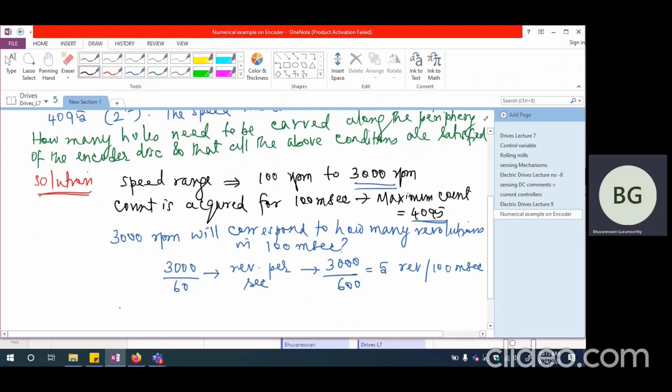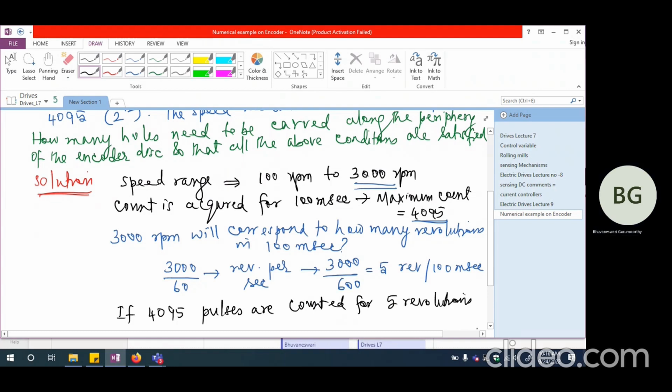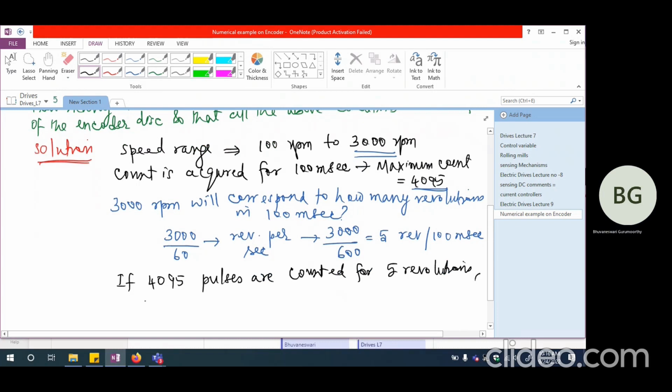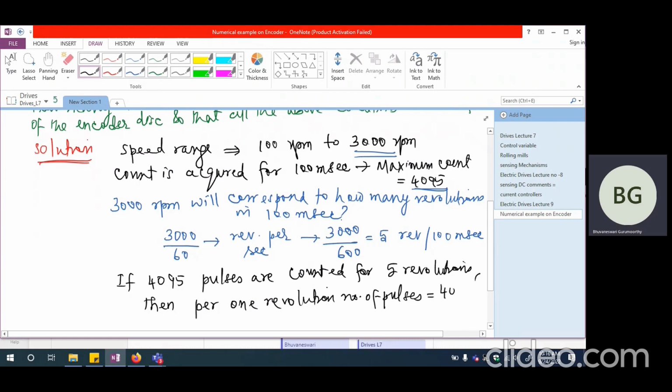So let us try to look at if 4095 pulses are counted for 5 revolutions, then per 1 revolution, the number of pulses will be equal to 4095 divided by 5.